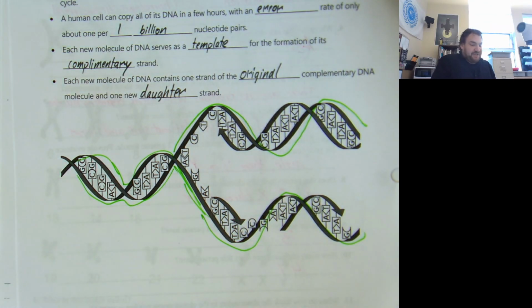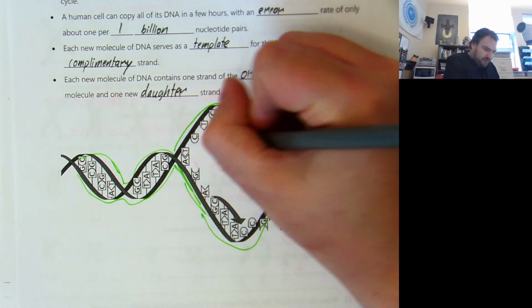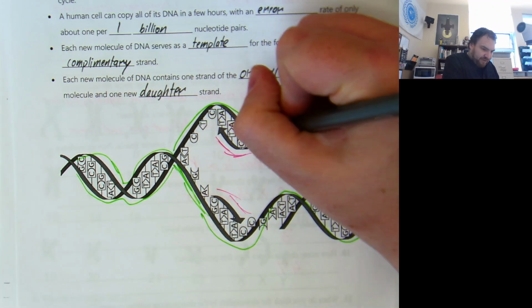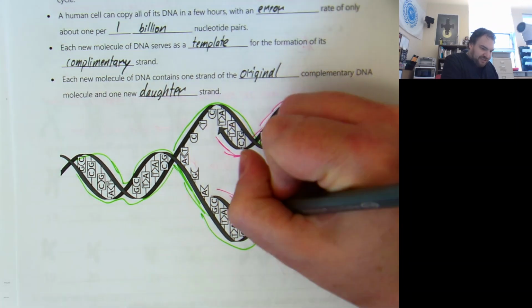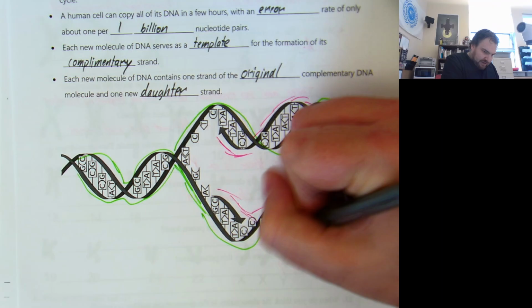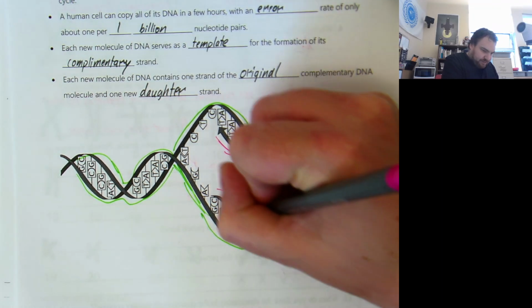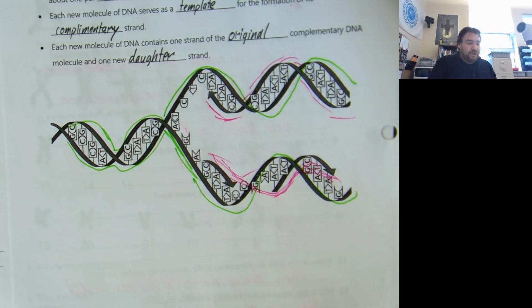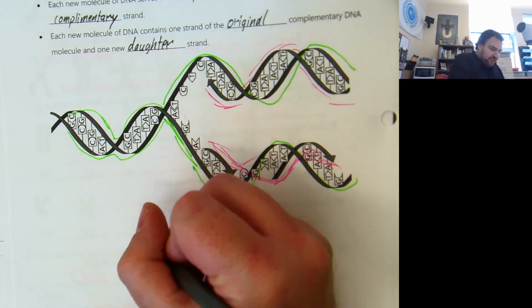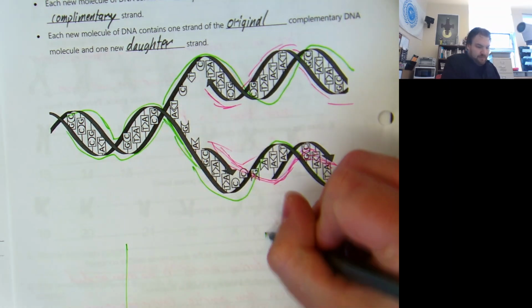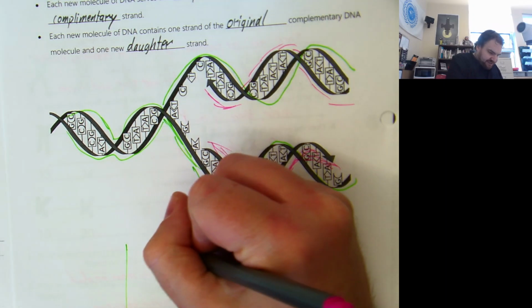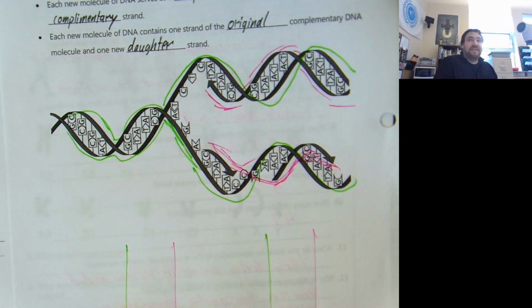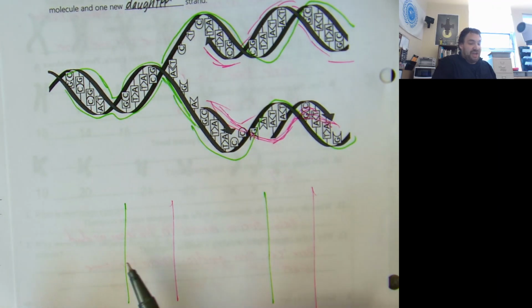And then after it splits, the pink part gets copied on like a Lego piece. Clip, clip, clip. So then what you're going to get is two strands of DNA. One which has half of the original.